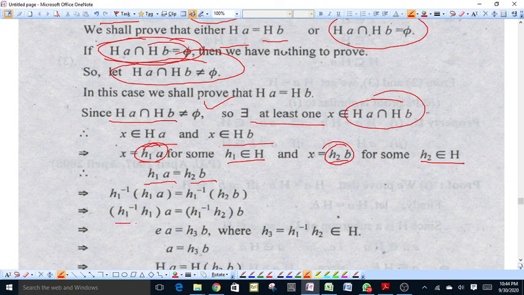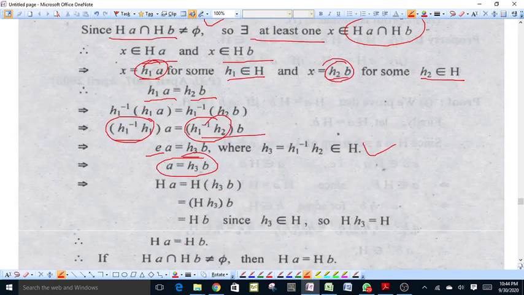By using associative law, we have h1 inverse h1 a, and h1 inverse h1 is equal to identity element e, and suppose h1 inverse h2 is equal to h3, an element of capital H. This means a will be of the type h3b. That implies Ha will be equal to, by putting the value of a, H h3b, by using associative law, (Hh3)b, this is equal to Hb, this means Ha is equal to Hb.